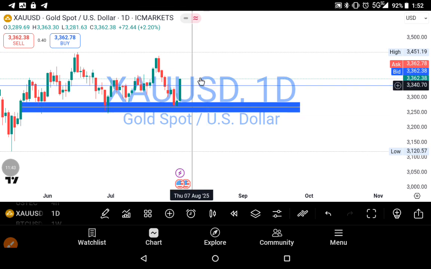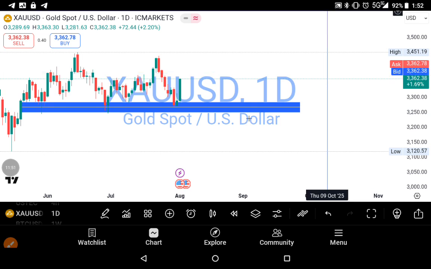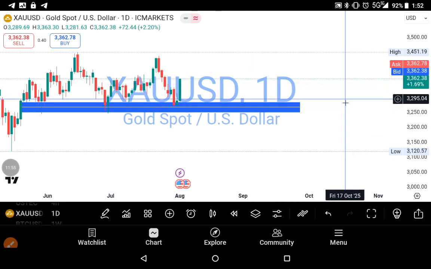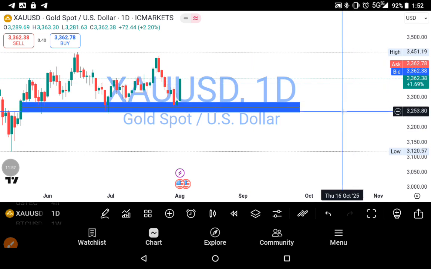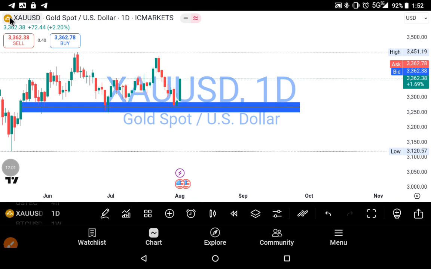But presently, I'm watching how the market price will react to 3,400 again. Then we should see 3,300, and 3,250 again if you are coming down.